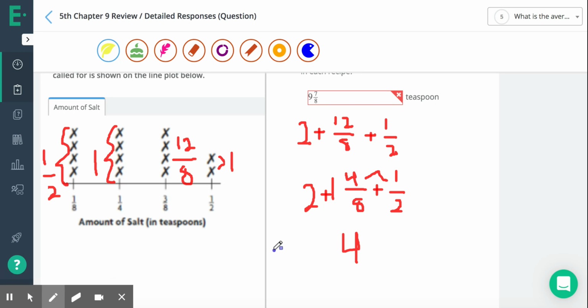Now, I'm going to use a different color. Okay, so that was our total. That would not be a final answer because it does not go in between these data points. My answer should be somewhere around 1/4 and 3/8. I need to take this total divided by the number of x's.